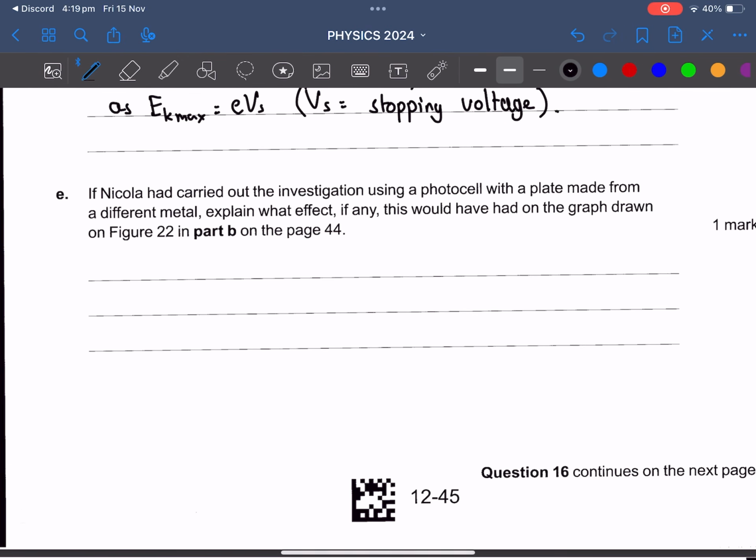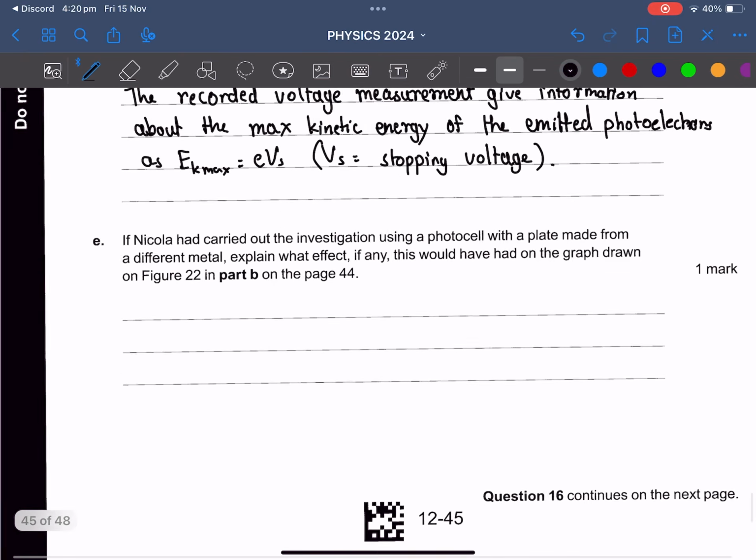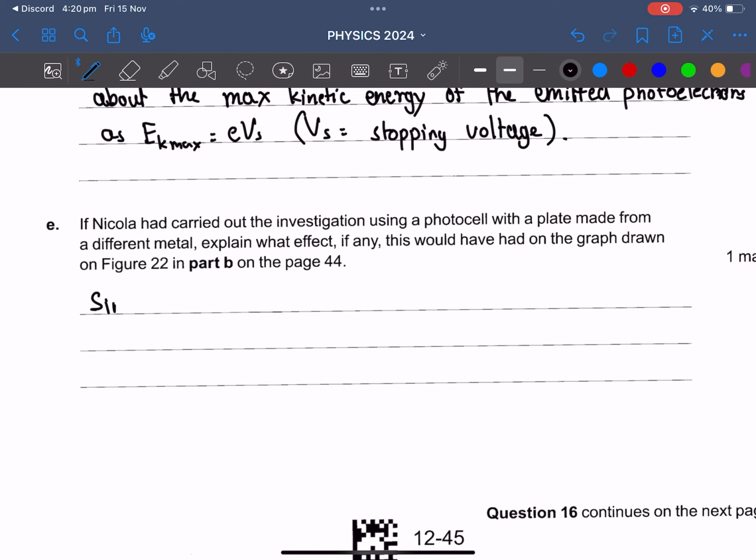If Nikola had carried out the investigation using a photocell with a plate made from a different metal, explain what effect, if any, this would have had on the graph drawn in figure 22 in part B, page 44. So since the metal is changed, well, obviously, because every single metal will have different work functions, the work function would be different.